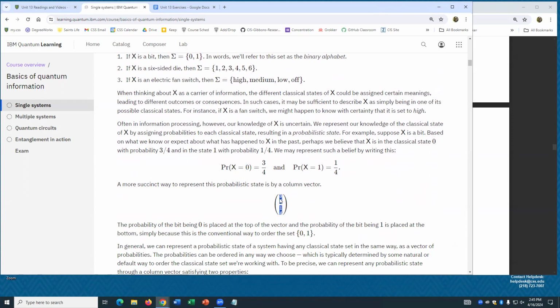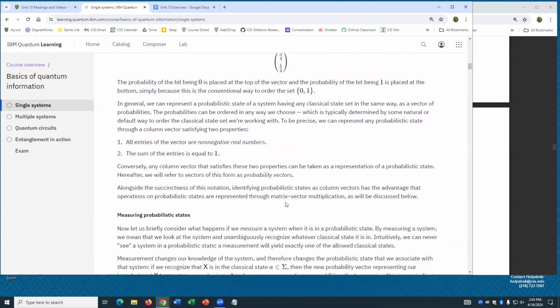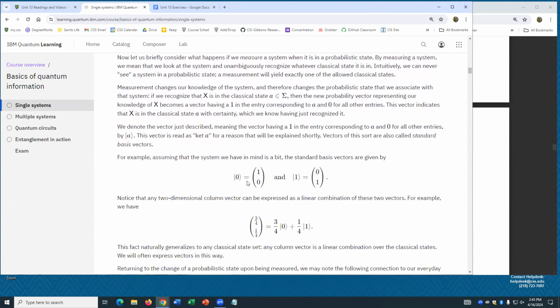What is called a column vector, where the two probabilities are on top of each other, and there's an order to these. And then they introduce this ket notation, a vertical line, a symbol like 0, and then something that looks like a greater than sign to me. And this means that the 0 is going to happen.